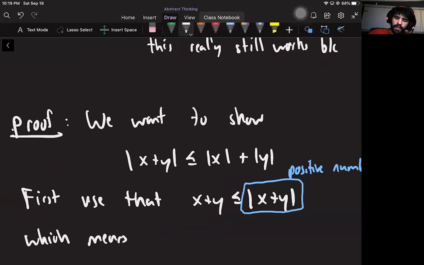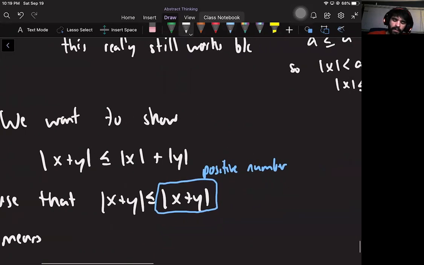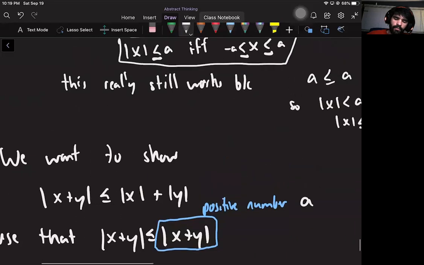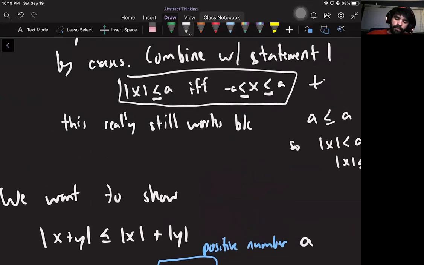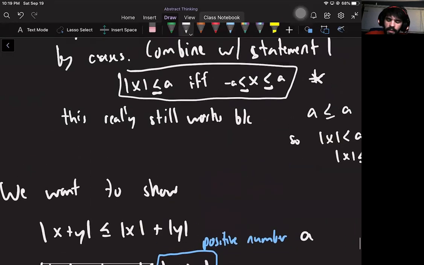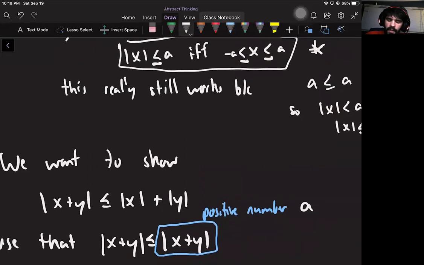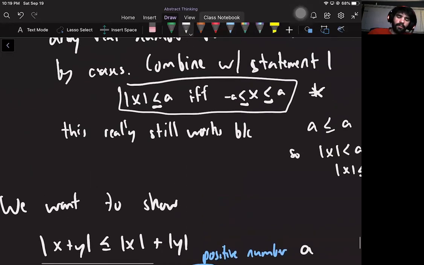And what I'm going to notice is that the absolute value of x plus y is less than or equal to the absolute value of x plus y. And on the right here, I'm just thinking of that as my some positive number a. And I'm going to be using this property here. Because it's the absolute value of something, it is positive. So remember, a needed to be positive to use this thing.